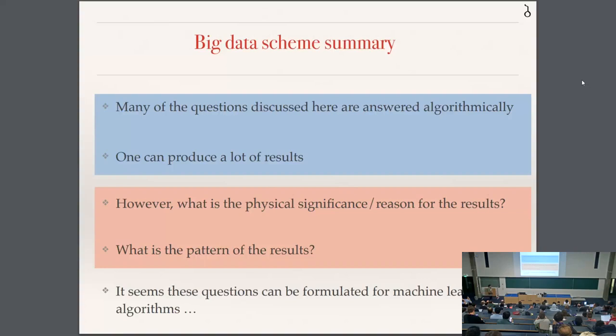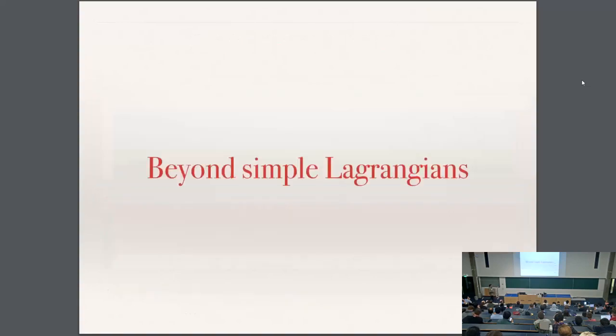So for example, it seems like the right question for the more novel technologies that we have, such as machine learning. We have a lot of data, a lot of precise data, but we don't understand the patterns. For example, some of these patterns would lead us to the geometric scheme that we have discussed before, but maybe there are other schemes that we can extract from this data which we don't understand, and will teach us about physics in different dimensions.